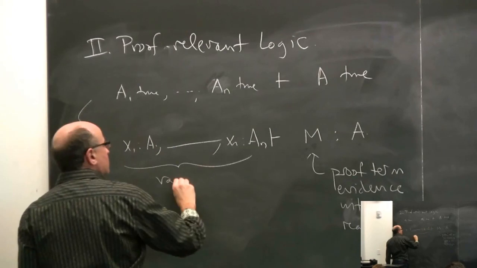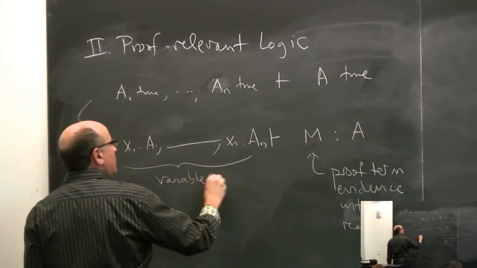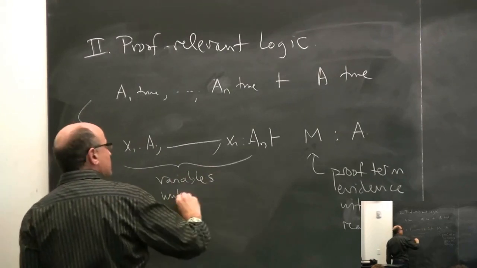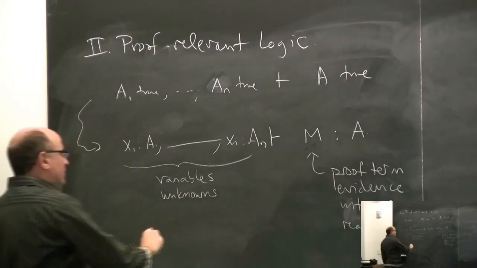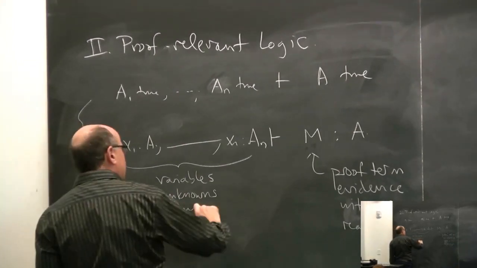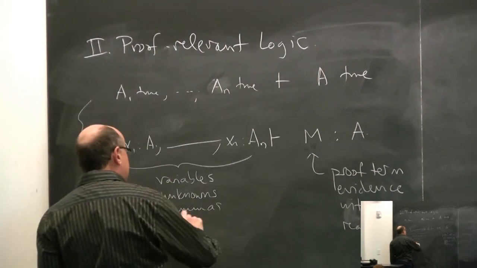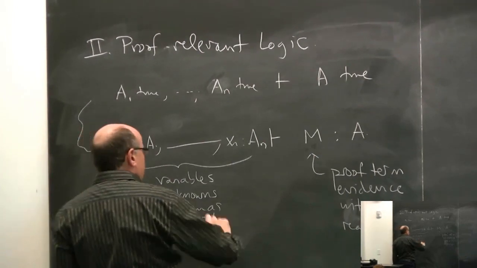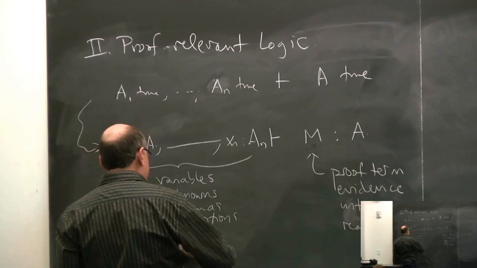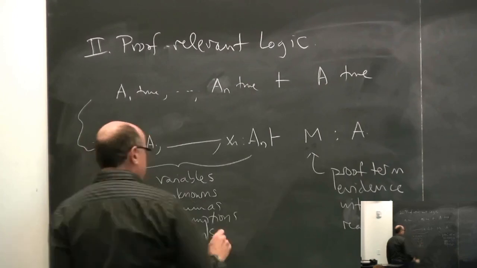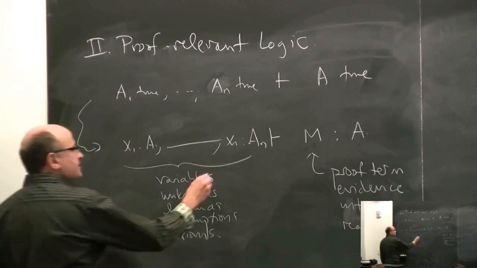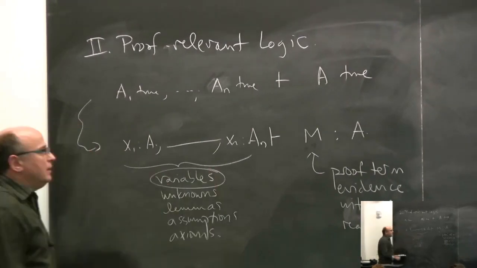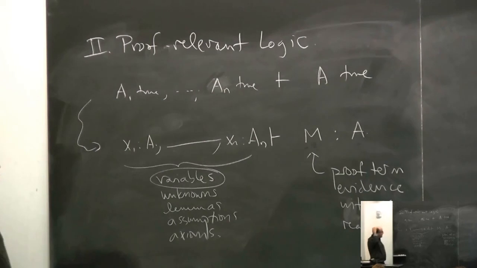So these are our variables, which are unknowns, of course, that's what variables always are, or they're lemmas, or they're assumptions, or they're axioms. I don't know, call them what you want. There are a lot of different words that you can use here. But the thing I want to get across is that they are variables, in the sense of ordinary mathematics.